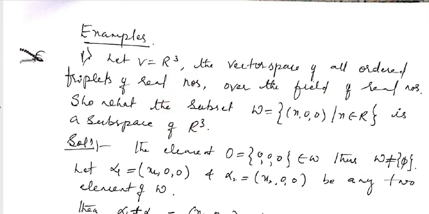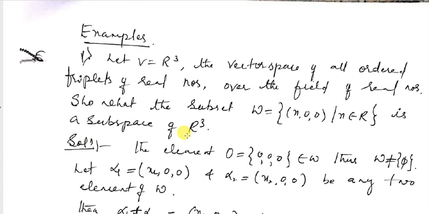So we have a vector space of all ordered triplets. We have to verify the given subset W, the set of all (x, 0, 0). So this set contains the elements in the form (x, 0, 0) such that x is a real number. We have to show that this is a subspace of R3.